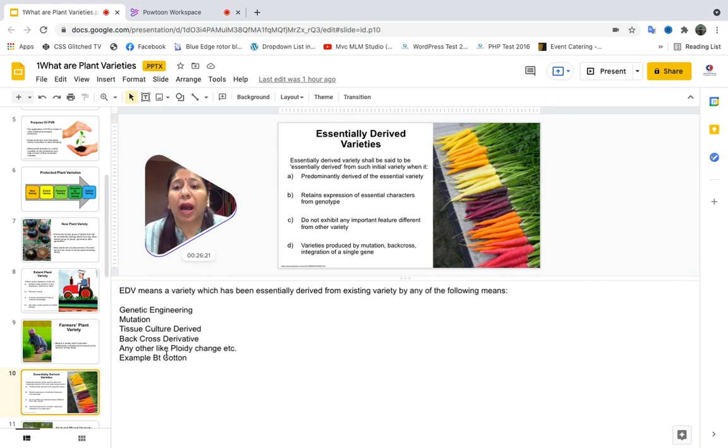You can even backcross your varieties and call it an essentially derived variety. You could make a ploidy change. For example, let's say Bt cotton. Bt cotton was a variety of cotton in which, through genetic engineering, a gene of a bacterium was inserted so that it could perform better in the field and give better pest resistance. So that was an essentially derived variety.